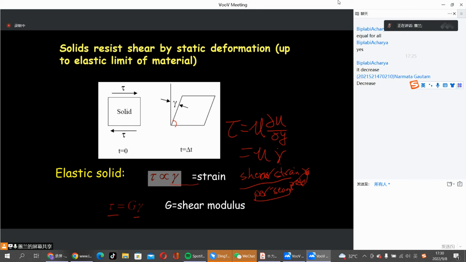Okay. Here, gamma is shear strain, but for fluid, gamma is shear strain rate. It is shear strain per unit second. It's very different. Just like du dy, do you know du dy? Can you find out the dimension or the unit of du dy? U is the velocity, right? And y is the distance.